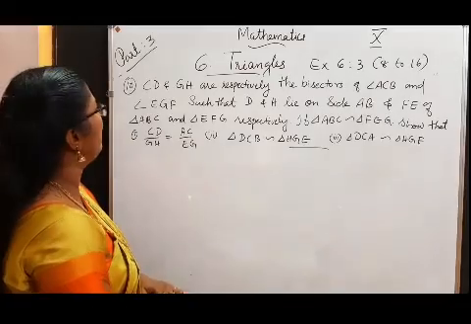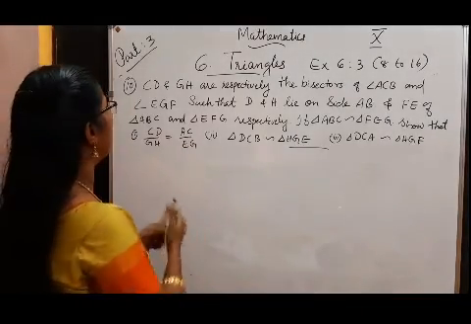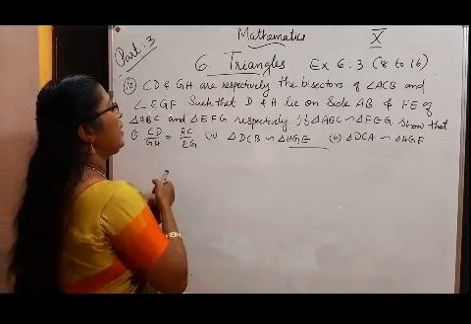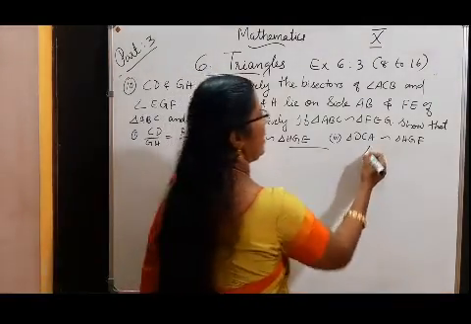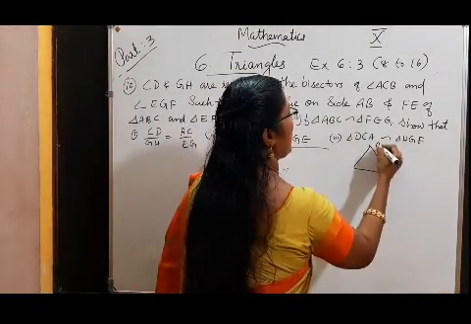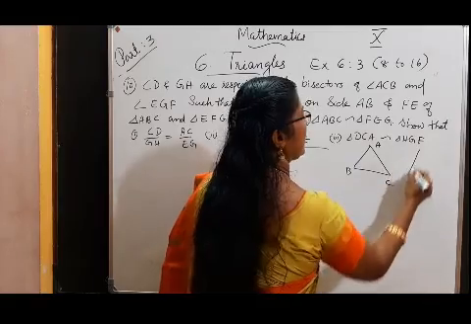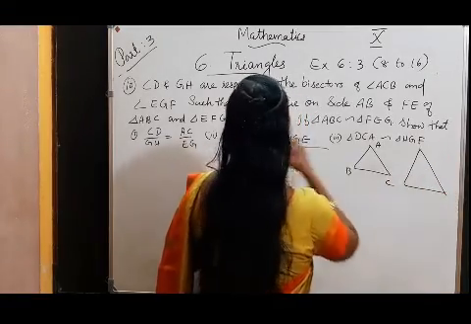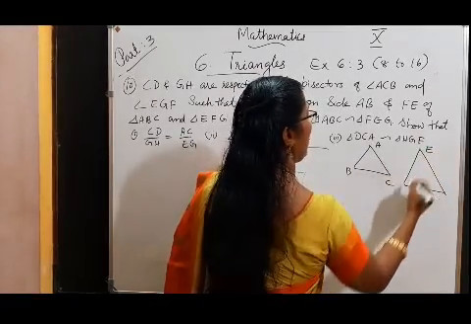Here what is given? Two triangles ABC and EFG.